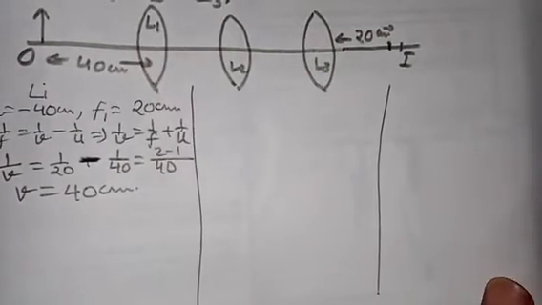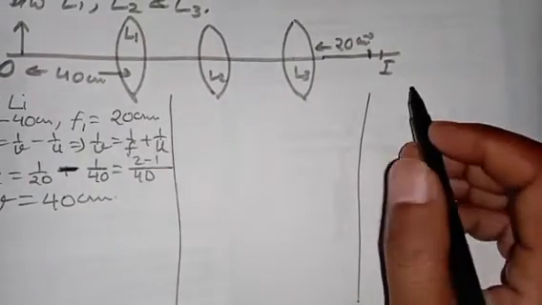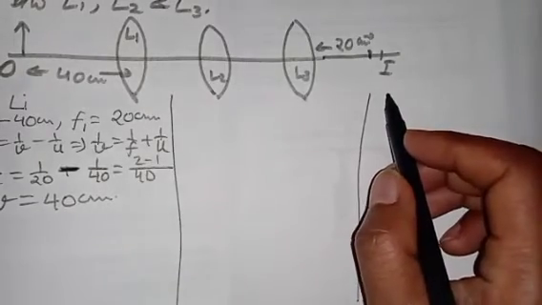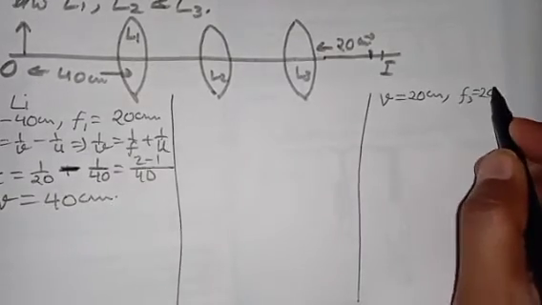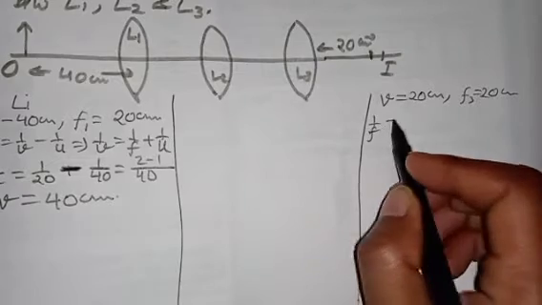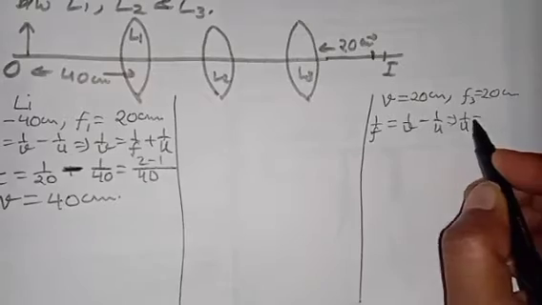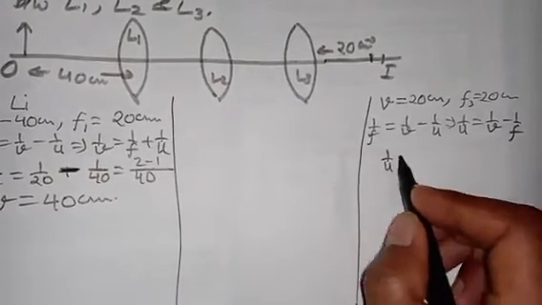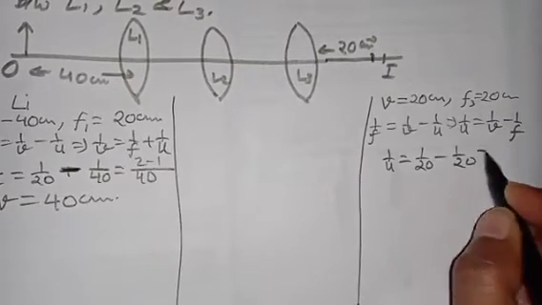So now for this lens L3, U we don't know, V we know, 20 centimeter, F3 again 20. So 1 upon F equal to 1 upon V minus 1 upon U. So we'll set this formula for 1 upon U. So it will be 1 upon V minus 1 upon F. So 1 upon U is equal to 1 upon V, that is 1 upon 20, minus 1 upon F, 1 upon 20, that is 0.